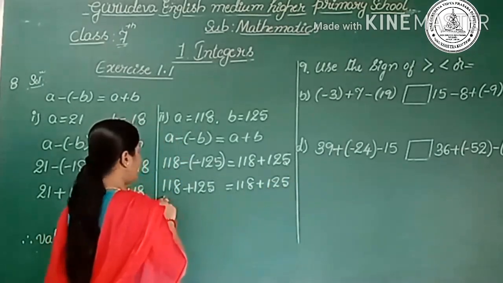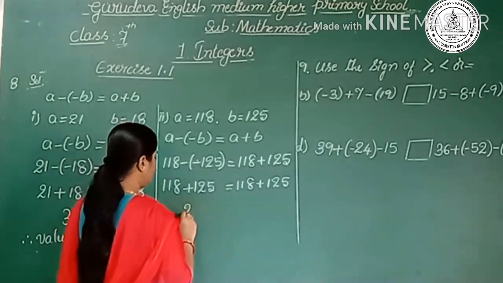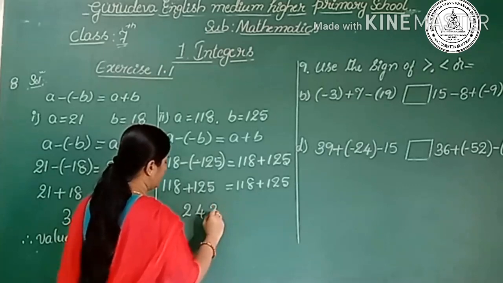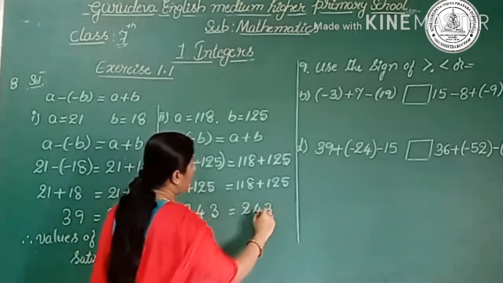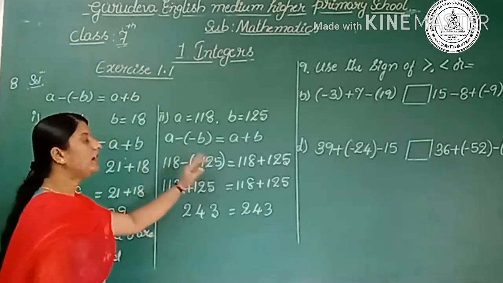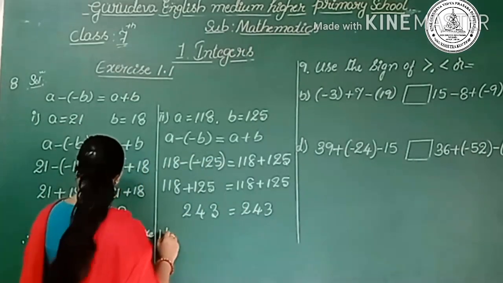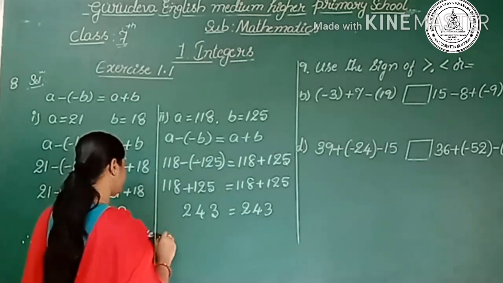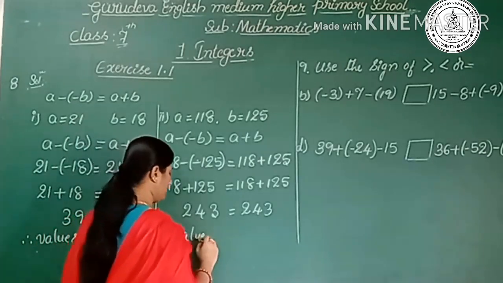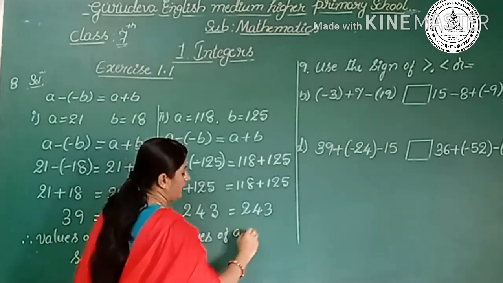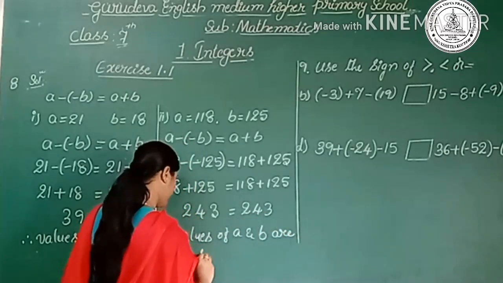The sum of 118 plus 125 is 243, which is equal to 243. So hence satisfied. Therefore, the values of a and b are satisfied.